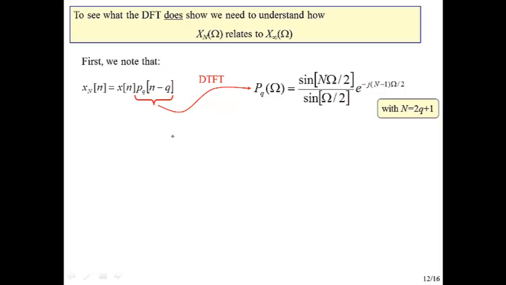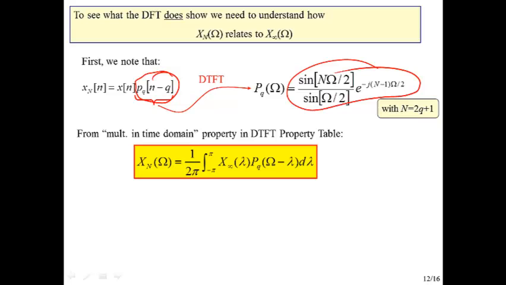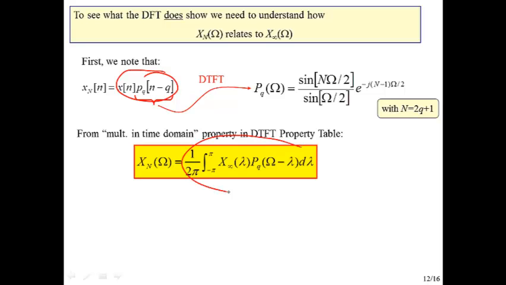Now we know that the DTFT of this thing is this sinc-like function. And we have this property. We haven't really explored it too much yet, but we do have a property here that says that if you take the DTFT of the product of two things, that the resulting DTFT is this integral that does what's called convolution of those two different DTFTs.